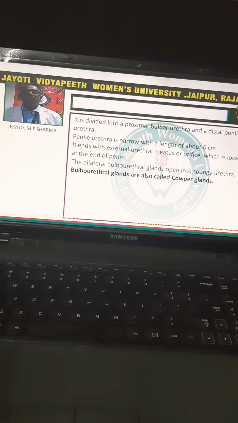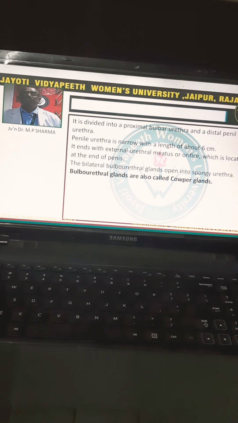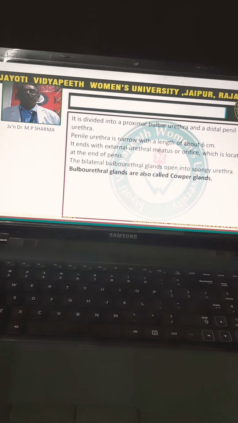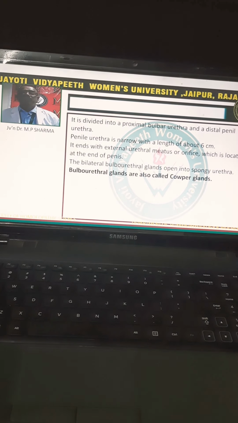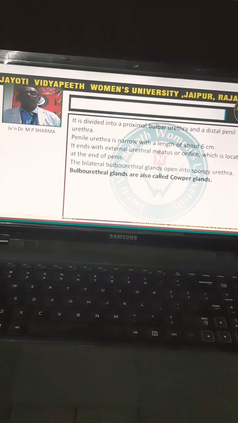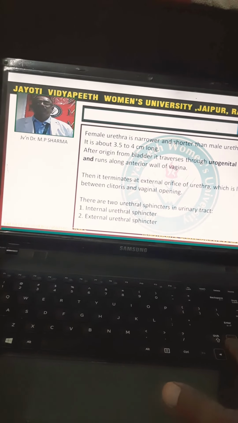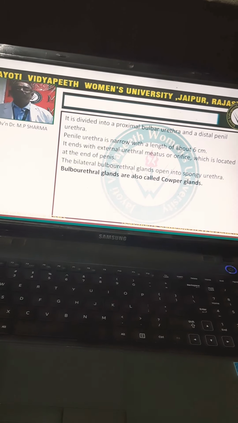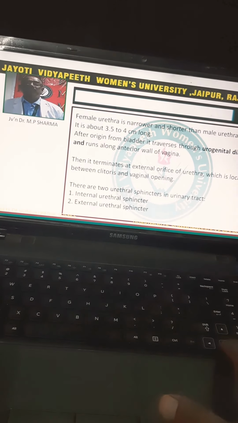Penile urethra is narrow with a length of about 6 centimeter and ends at the external urethral meatus or orifice which is located at the end of penis. The bilateral bulbourethral glands open into the spongy urethra. Bulbourethral glands are also called Cowper glands.